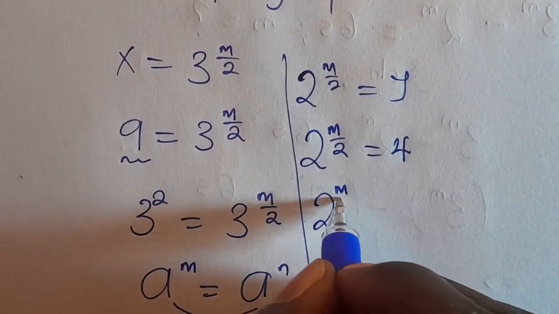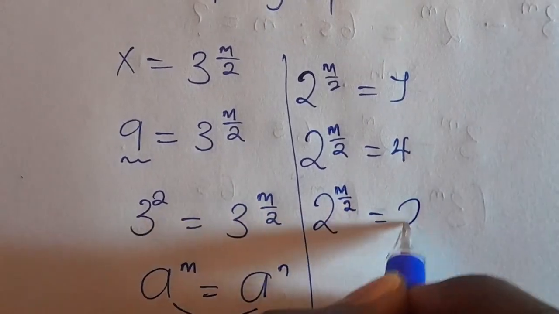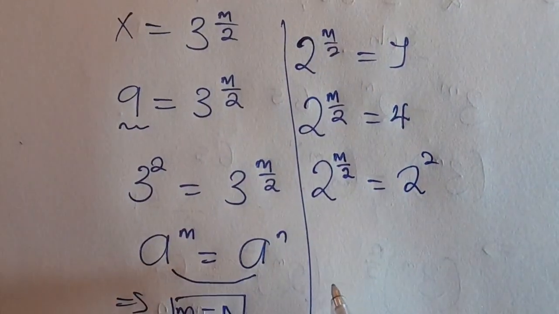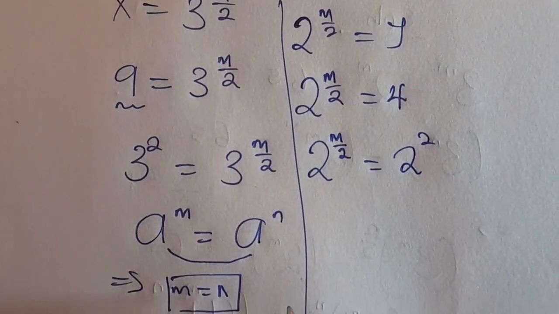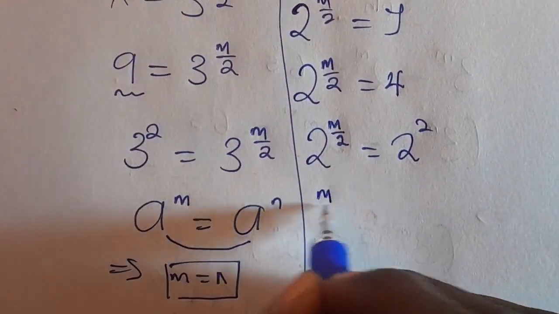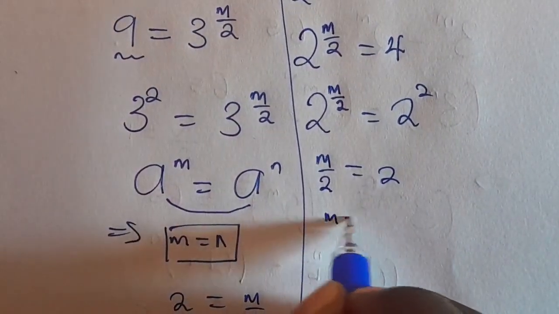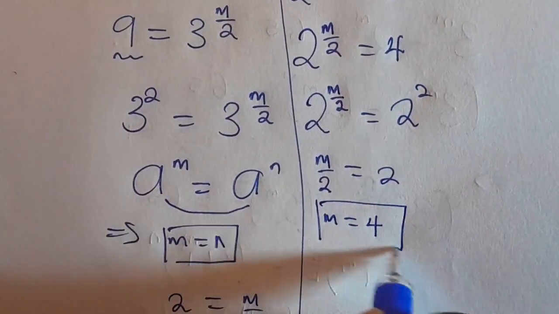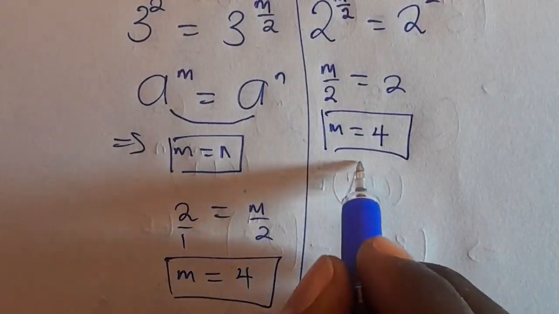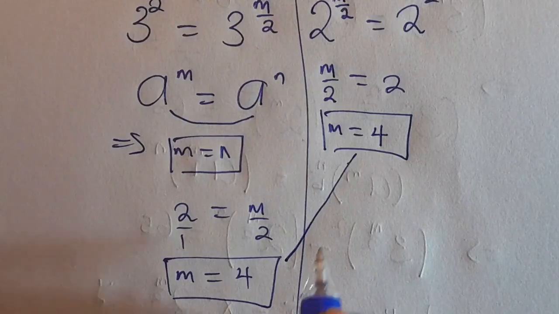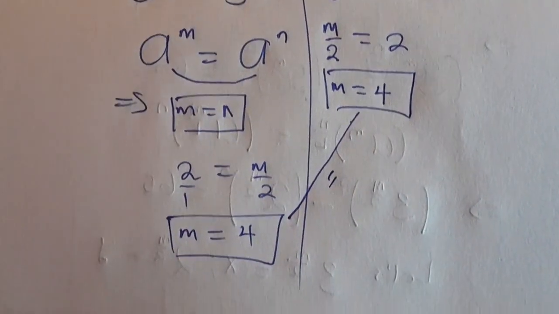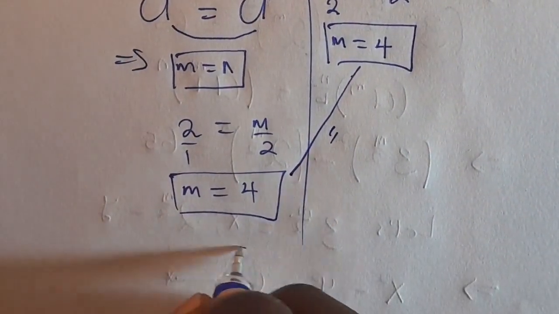So we have 2 to the power of m divided by 2 equals 2 to the power of 2. By equating their powers, because they have the same base, we have m divided by 2 equals 2. So from here, cross multiply, we have m equals 4, which is the same thing as this. They are the same.